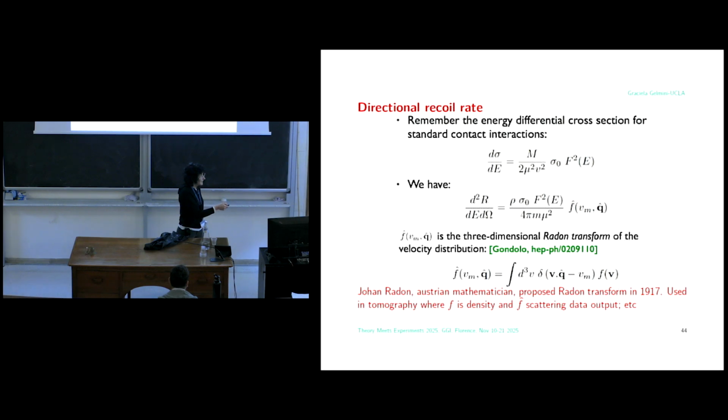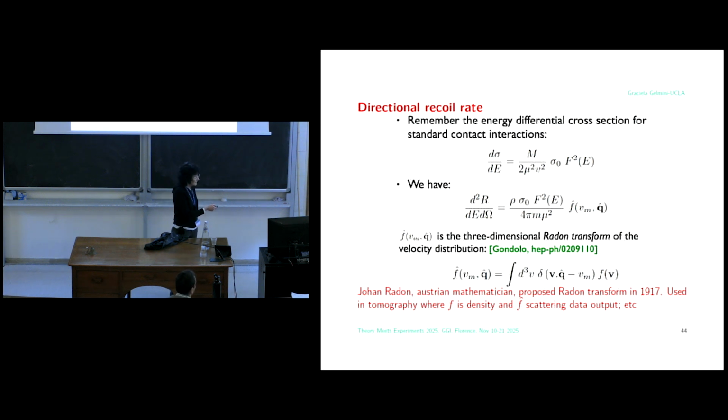And this is a very interesting function. You see that it has become a function of V min and the directionality of Q. This function is the three-dimensional Radon transform of the velocity distribution. This was done by my longtime collaborator, Paolo Gondolo, long ago.